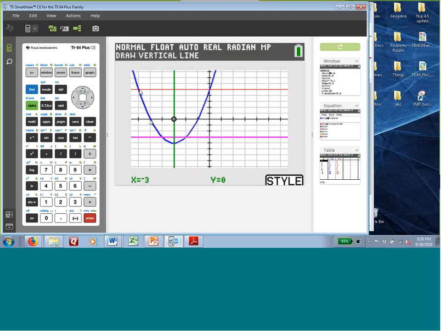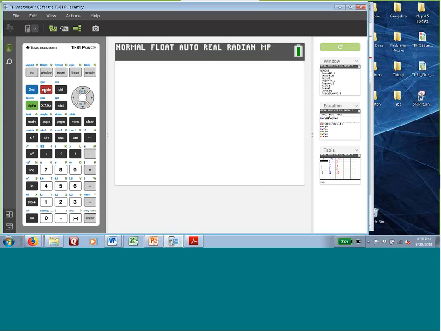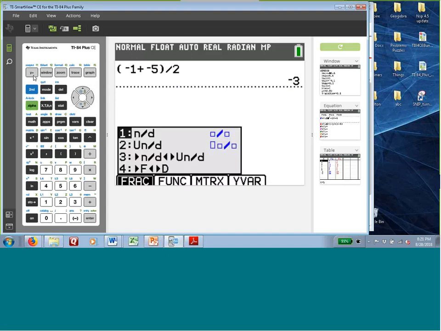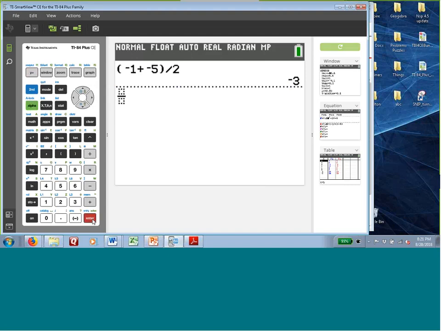So the x values for the roots or the zeros were -1 and -5. And so let's find their average. -1 plus -5. This is sort of the on-the-fly average. And don't forget about fractions are your friends. The fraction template, you don't need parentheses as grouping symbols if you use the fraction template.